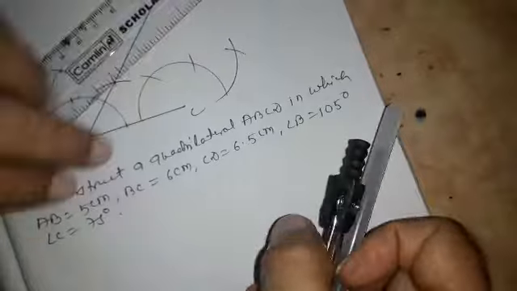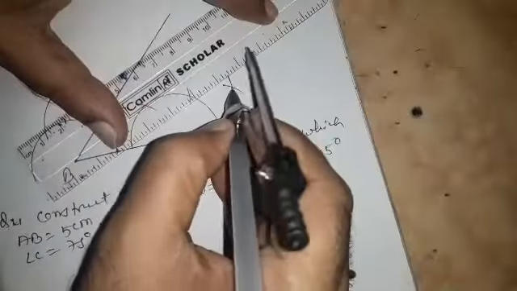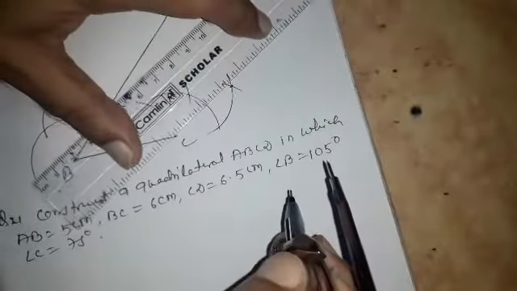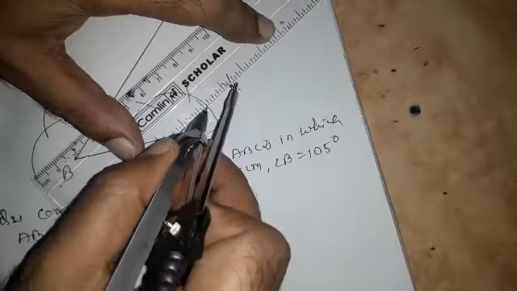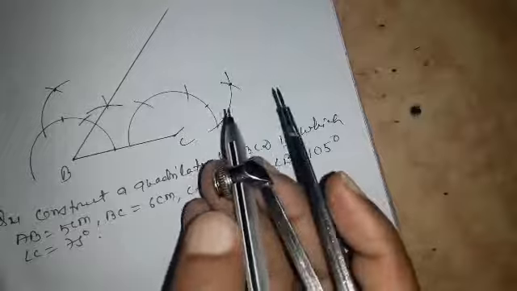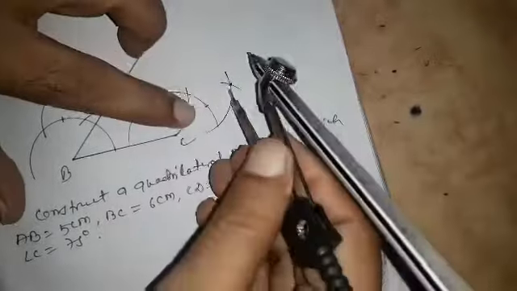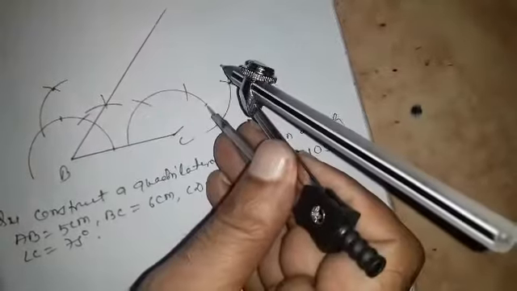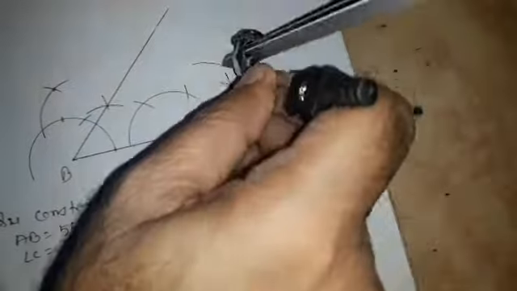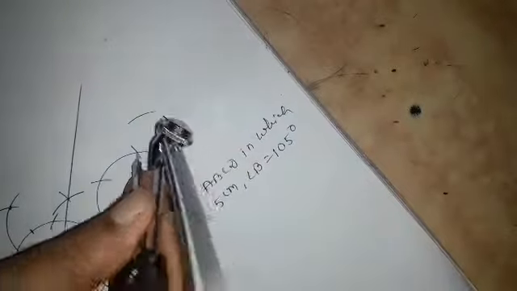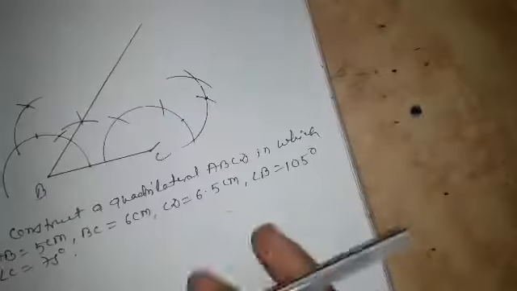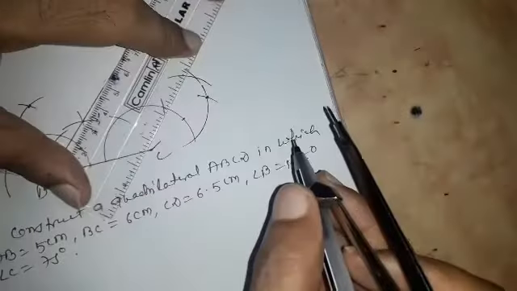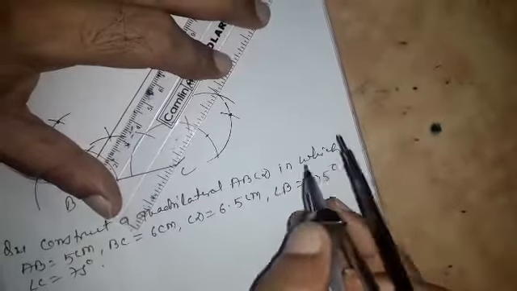This shows the arc of 150 degrees, because 60 plus 60 is 120. Bisect this 30, then this is 15, and 120 plus 15 is equal to 135 degrees. So draw it here.